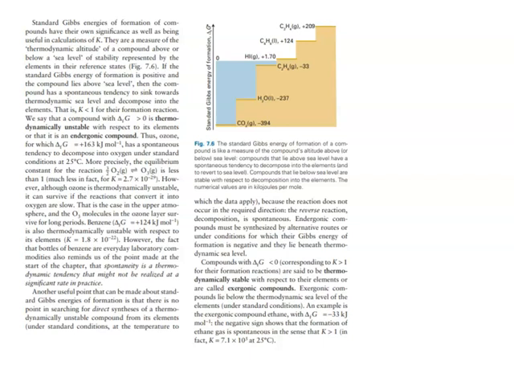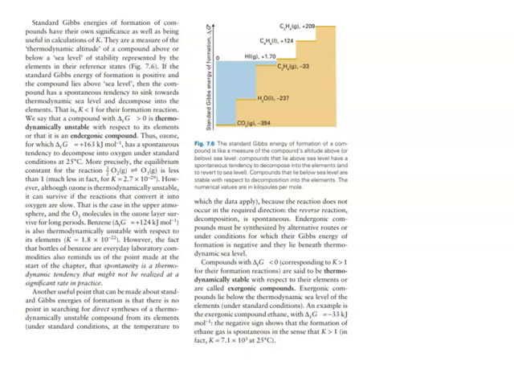So, having sorted out that analogy, if the standard Gibbs energy of formation is positive, and the compound lies above sea level, then the compound has a spontaneous tendency to sink towards thermodynamic sea level and decompose into elements. That is, K is less than 1 for their formation reaction.